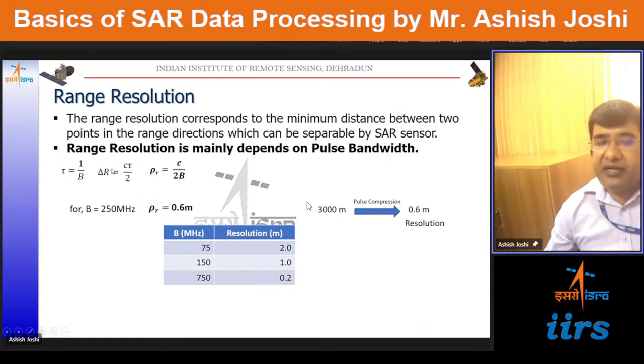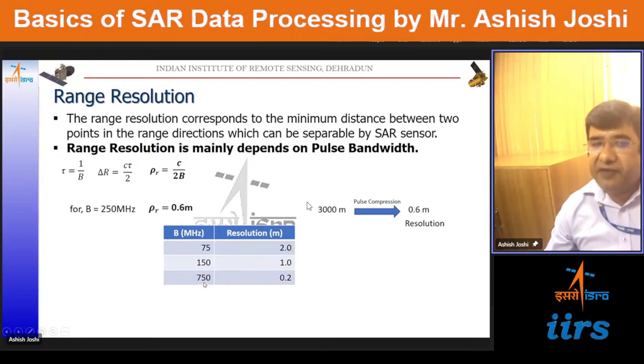In the formula C tau by T, we are just replacing T with the bandwidth, 1 by B. So now the range resolution does not depend on tau, but on the bandwidth. If the signal bandwidth is 75 megahertz, we can get around 2 meters of resolution.